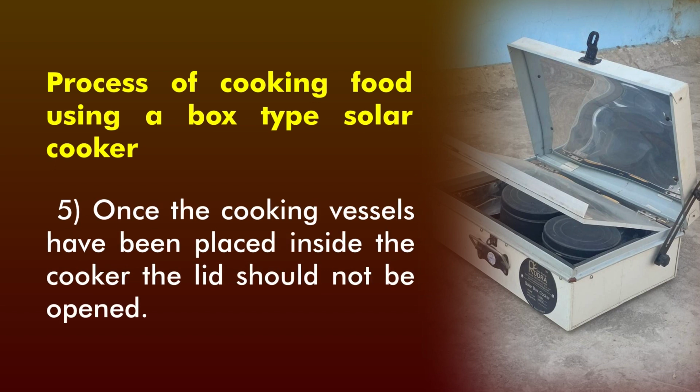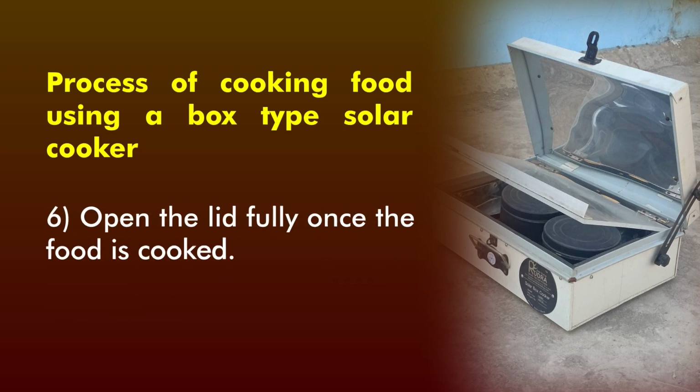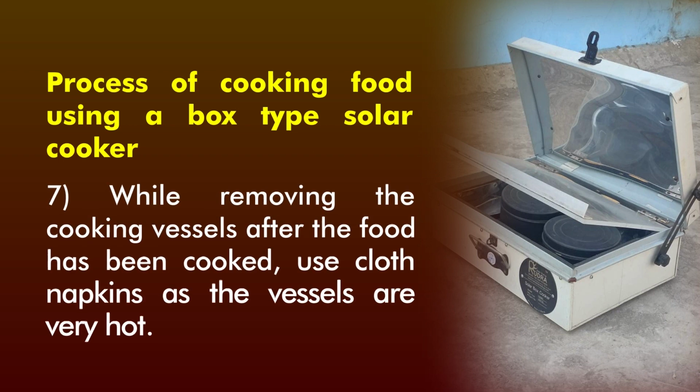Once the cooking vessels have been placed inside the cooker, the lid should not be opened. Then open the lid fully once the food is cooked, and while removing the cooking vessels, use a cloth napkin as the vessels are very hot.